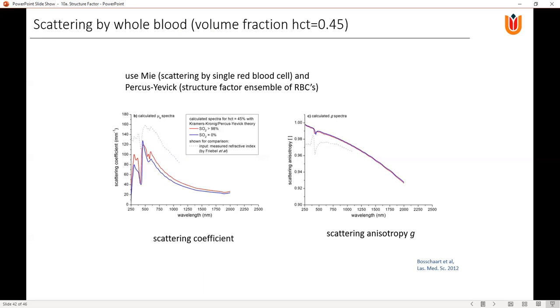You may remember from the causality Kramers-Kronig relations that a peak in the absorption spectrum would correspond to an oscillation in the real part of the refractive index, and the other way around.